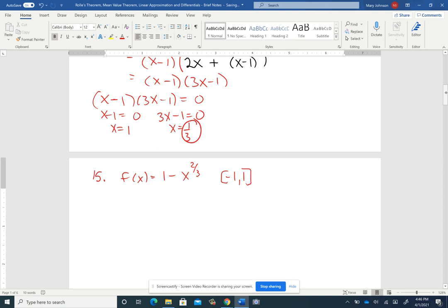First off, that is really 1 minus the cube root of x squared. That's what f really is. And underneath a cube root, you can really have anything. It doesn't have to be just positive numbers or 0. So I don't see any trouble spots there. This should be a nice continuous function.